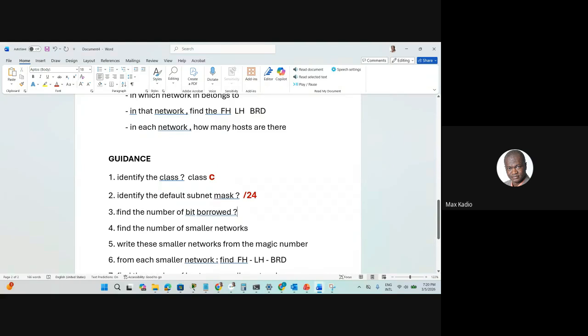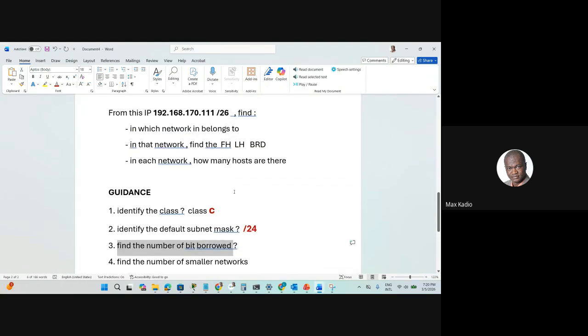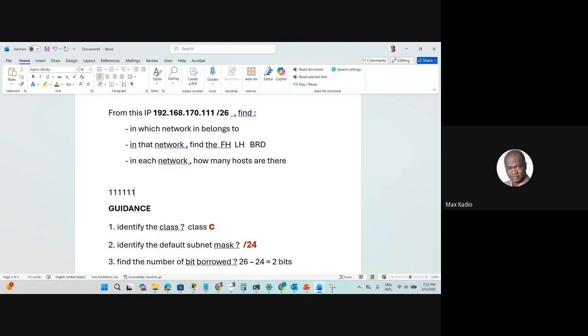Now, find the number of bits borrowed. In our question here, it shows slash 26, but our default is slash 24. It means I borrowed 2 extra bits. So 26 minus 24 is equal to 2 bits borrowed. Here, for 24: 1, 2, 3, 4, 5, 6, 7, 8, and so on for four blocks. So this one is slash 24.